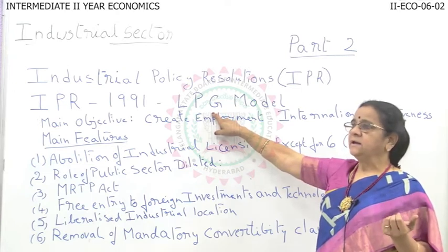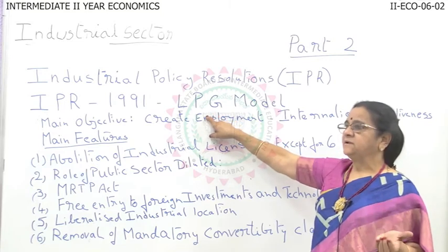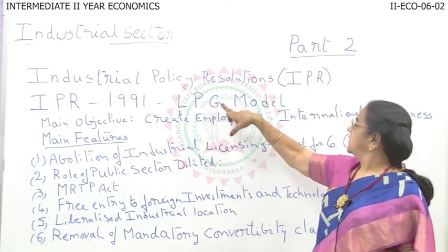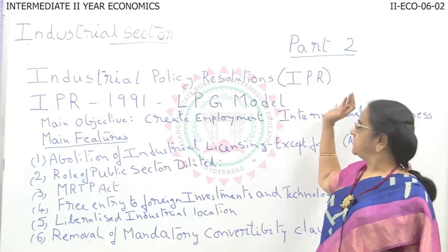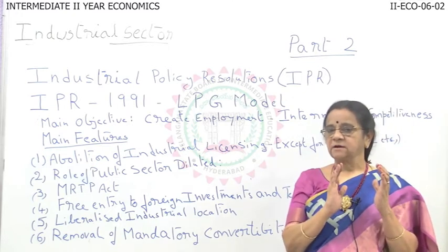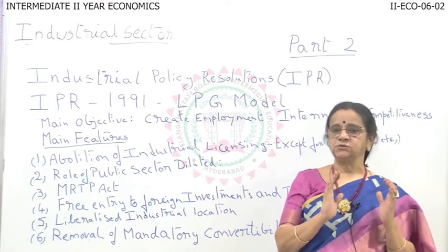That is why this policy, and the development after it, is later described as the LPG model of development. What were the main objectives which led to the introduction of IPR 1991?